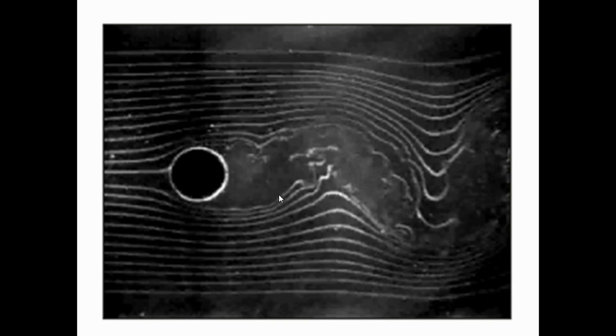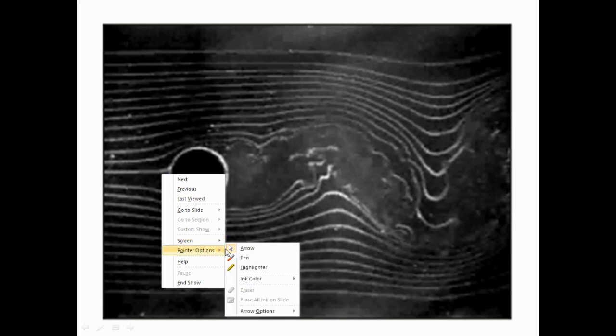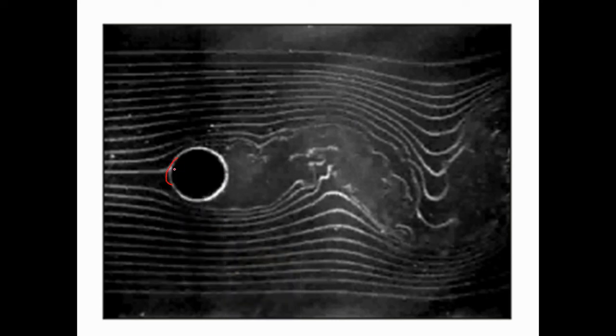This is for a circular cylinder. You can see the wake behind it, and a lot of high pressure over here. The flow turns streamlined, so you get a little bit of high pressure in this region and low pressure in this region. The net resultant pressure would give you the drag force.